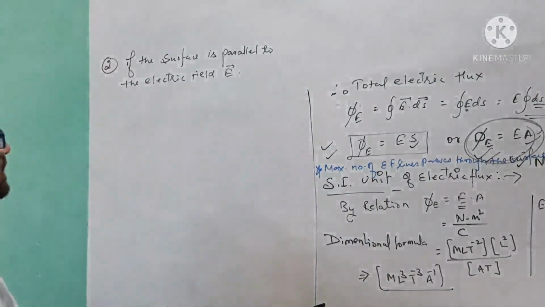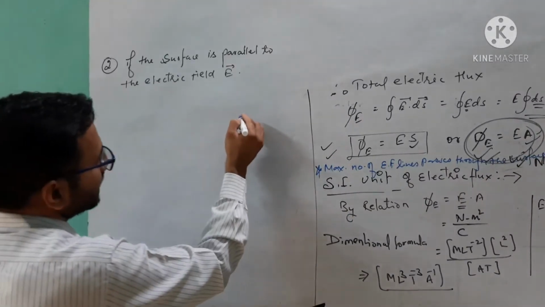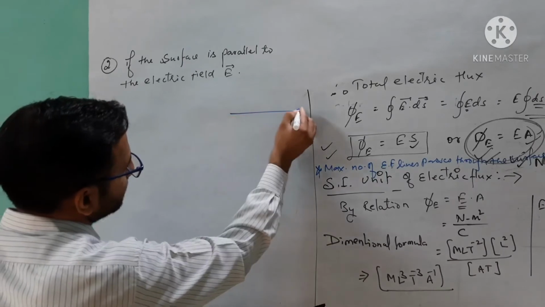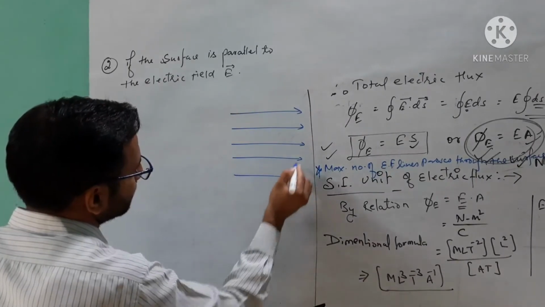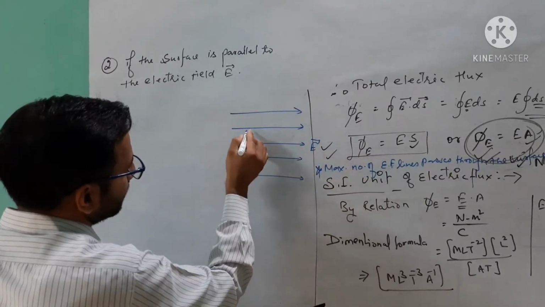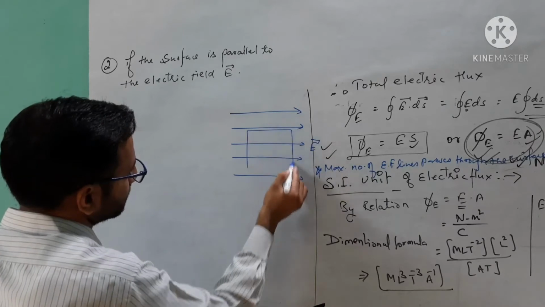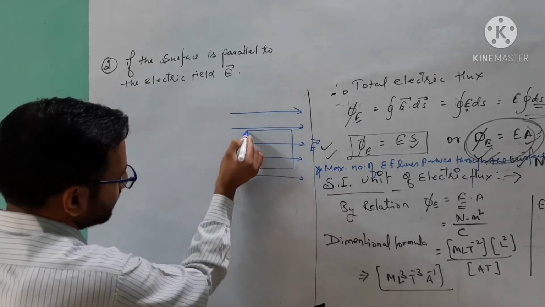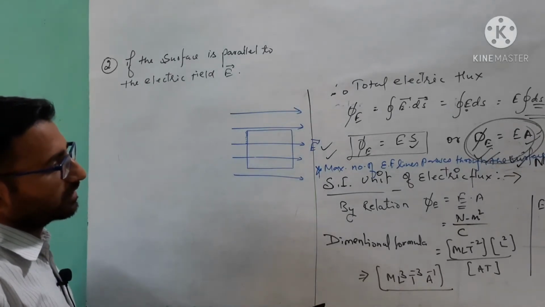So here, if the surface is parallel to the electric field, we can say the electric field is in 3 dimensions, so the electric field is here, and if I put the surface along it, then this part will be crossed by the electric field.